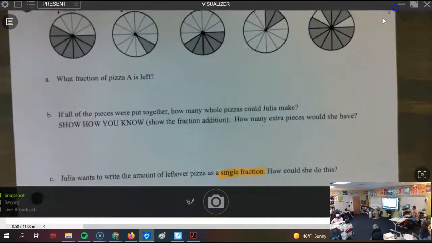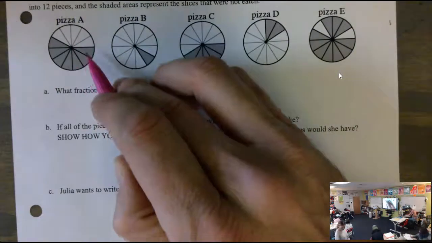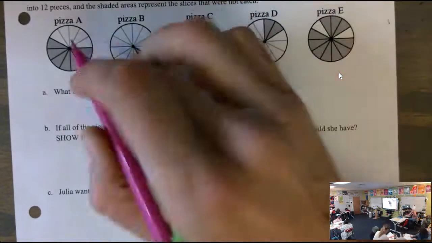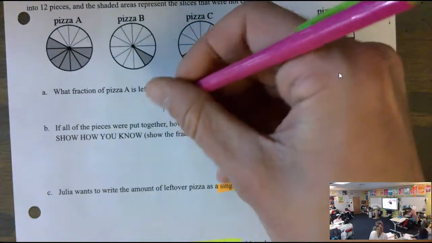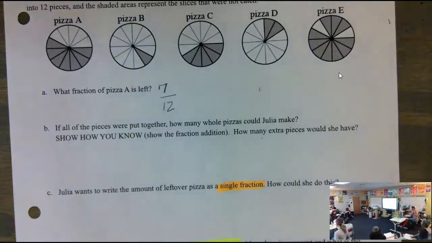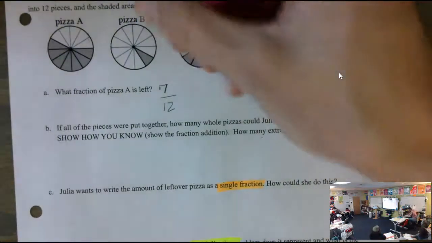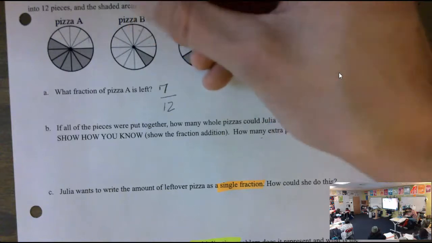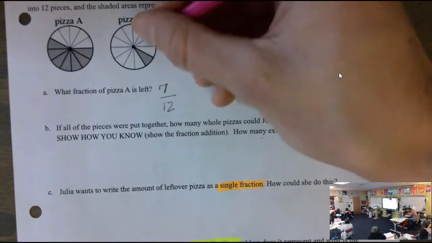So what fraction of pizza is left in A? Well, 1, 2, 3, 4, 5, 6, 7 out of 12. In B, I might as well just go label each of these. B is 1/12. Are we sure it still has 12 slices?